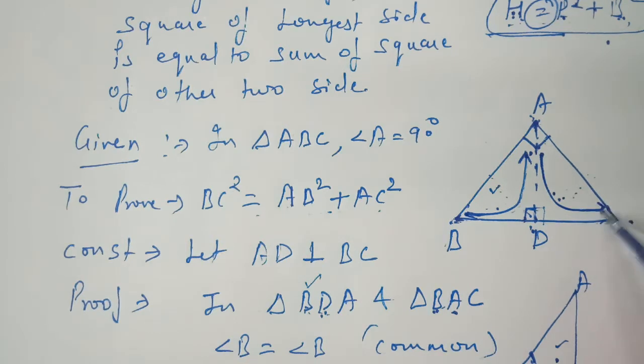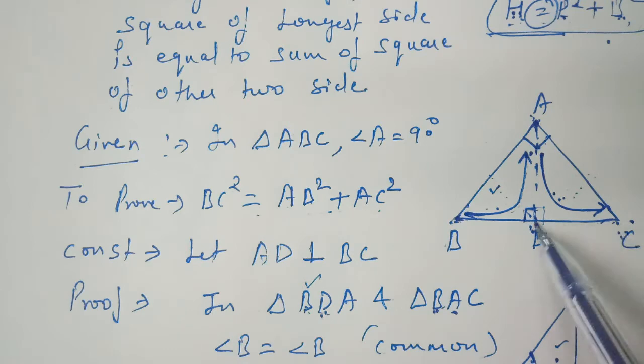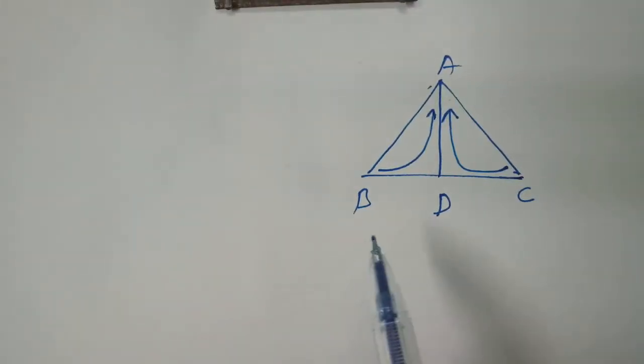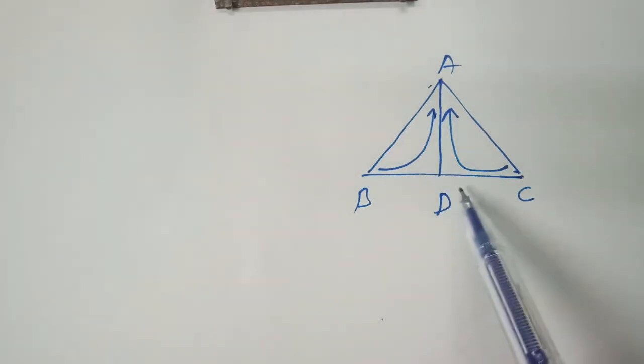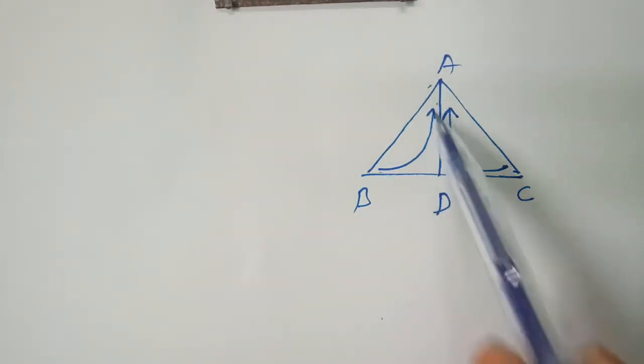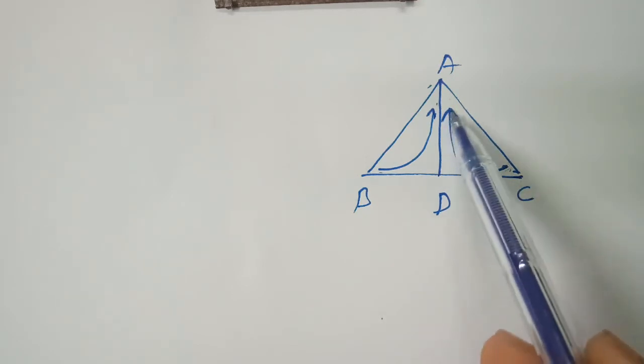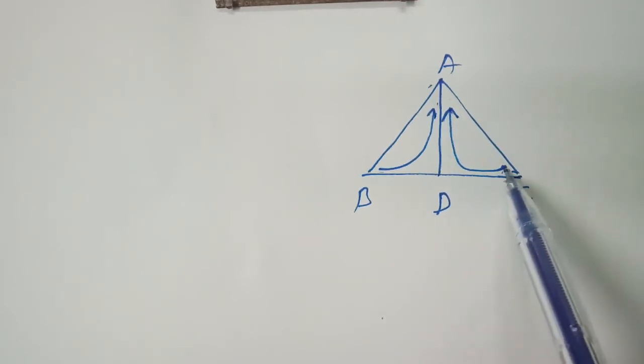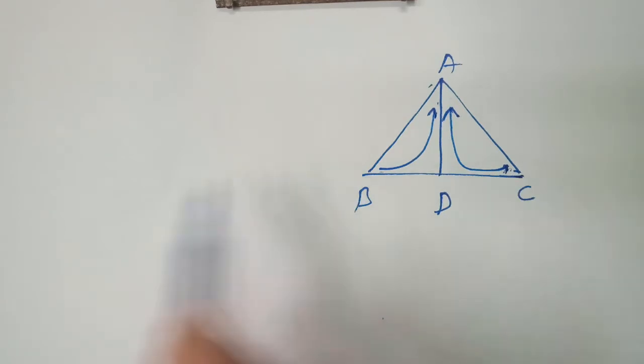So for the next triangle we are going to name it CDA or ADC. Now for the next two triangles, we have to mark the arrow like this. Here we have started like this, then for another like this. Now on the basis of this arrow, we're going to write the name.